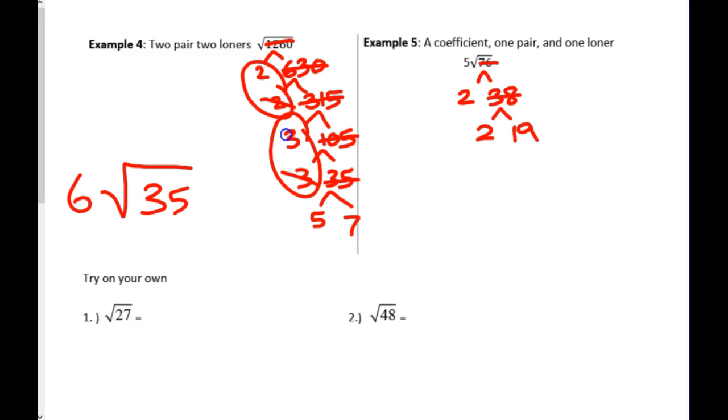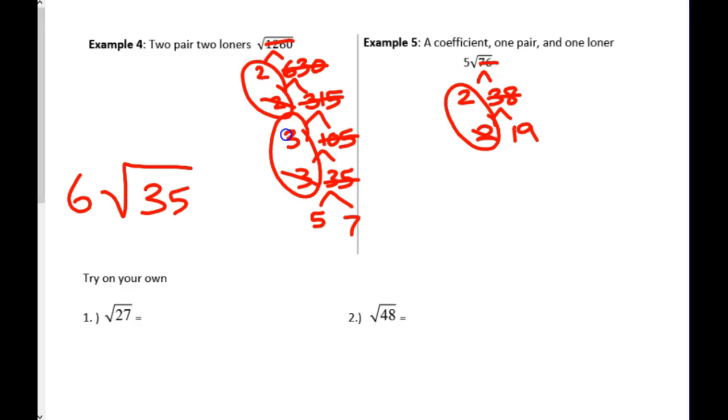Does 19 break down? 2 does not go into it. 3 doesn't go into it. 5, 7, 11. 19 is actually a kind of big but prime number. So 19 is its own thing. Now next step, typically we would do what? Circle our couple or couples, but in this case it's just 1, which goes away.